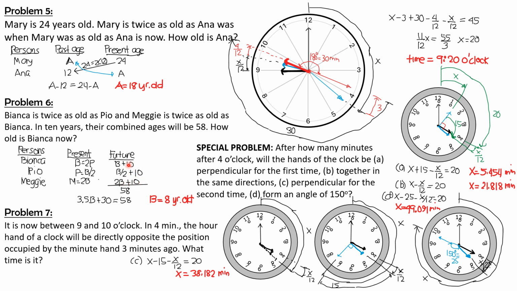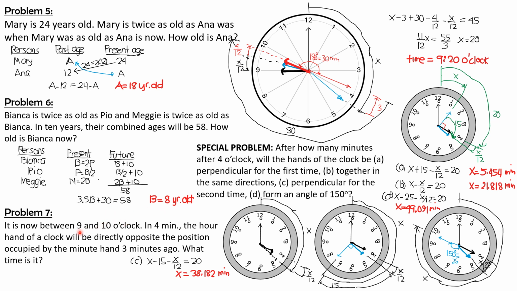The sum of these ages 10 years from now would be 58. So B plus B over 2 plus 2B is 3.5B, plus 10 plus 10 plus 10 is 30, equals 58. Solving for B, it is 8 years old.